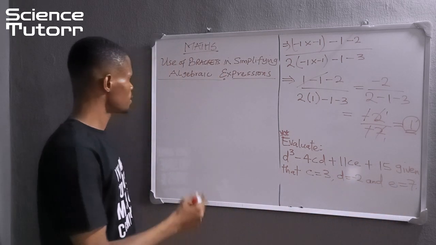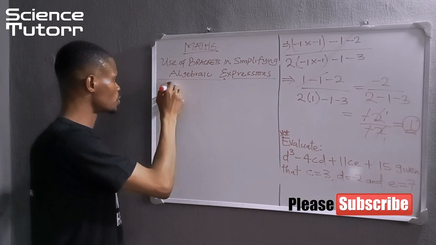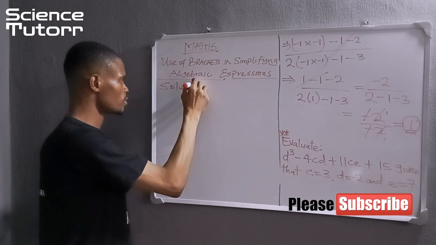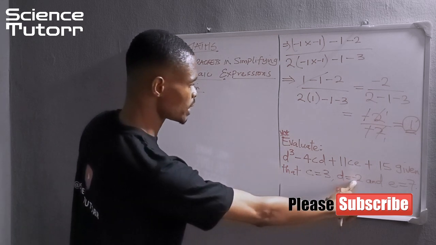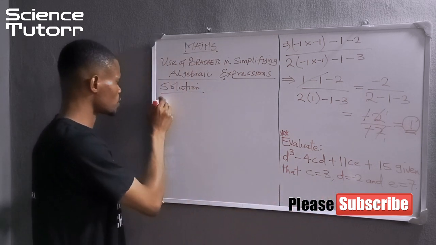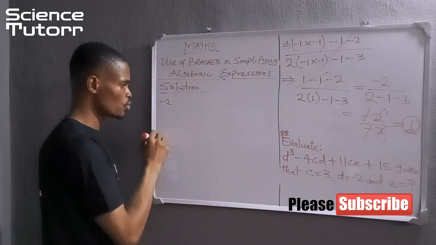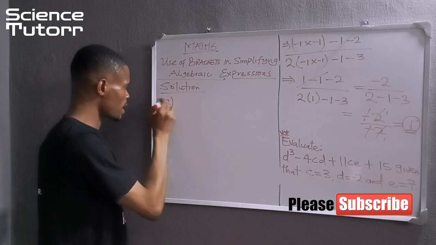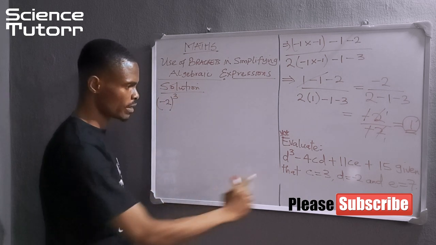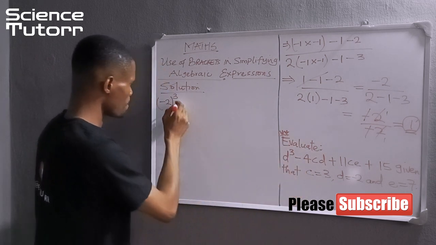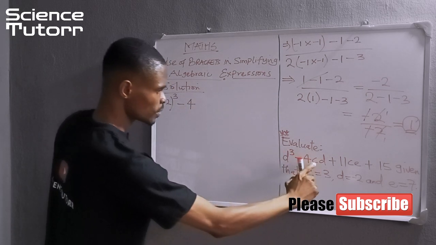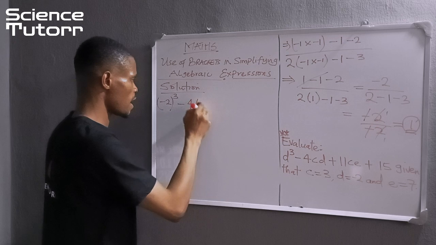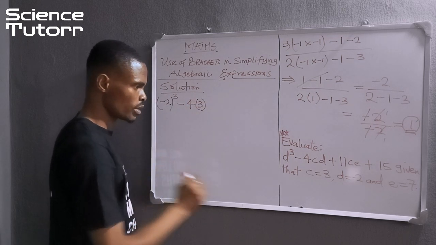So let's begin by substituting directly. We are told that d is given as minus 2. So in that case, we have minus 2, using a bracket raised to power 3, minus 4. C is given as 3, I'm using a bracket for c.